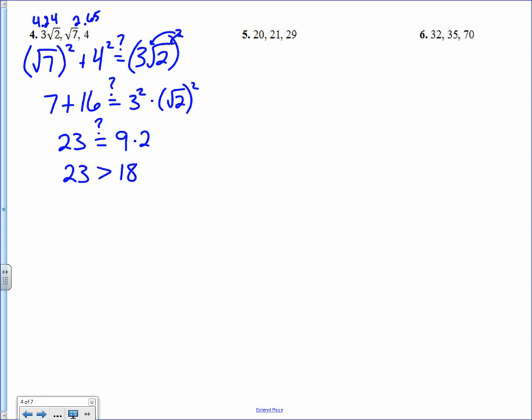Since a squared plus b squared is bigger than c squared, right? C squared is smaller, think c is smaller, right? And that would give us a smaller angle across from c, or an acute triangle.